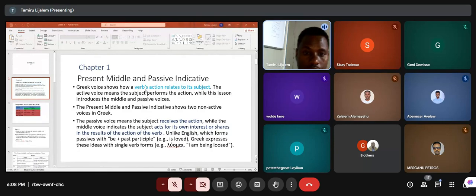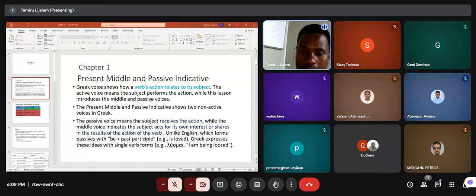Greek voice shows how the verb's action relates to its subject. How it is related to the subject is the question a voice answers.